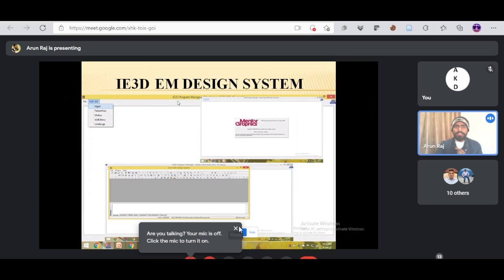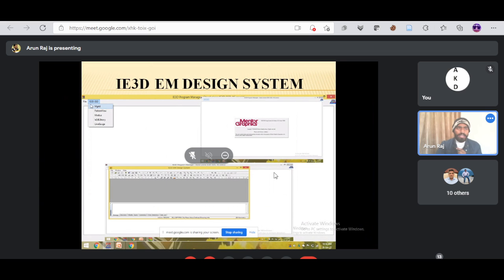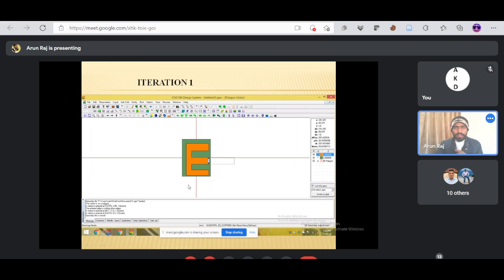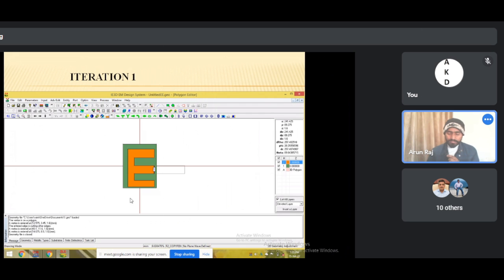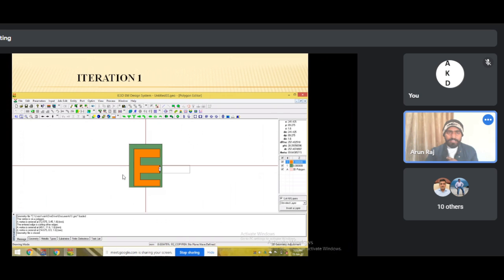When I go to IE3D software, I go to File and IE3D SSD and then go to mgrid and Mentor Graphics. Then this type of window opens and I start Create New, and then I decide the dimensions and the frequency range. I took a rectangular patch antenna, and I cut an E-plane slot for my first iteration.